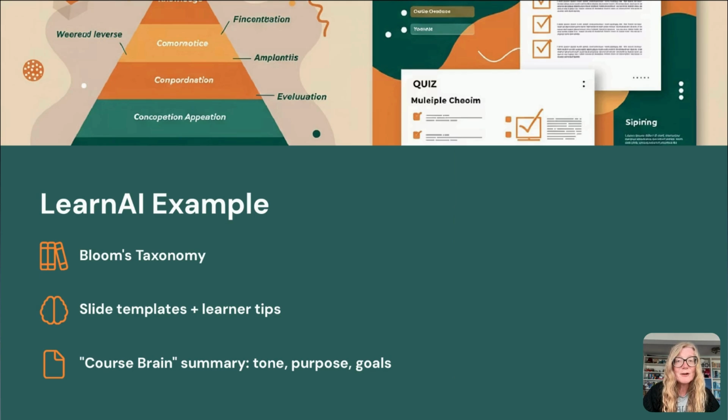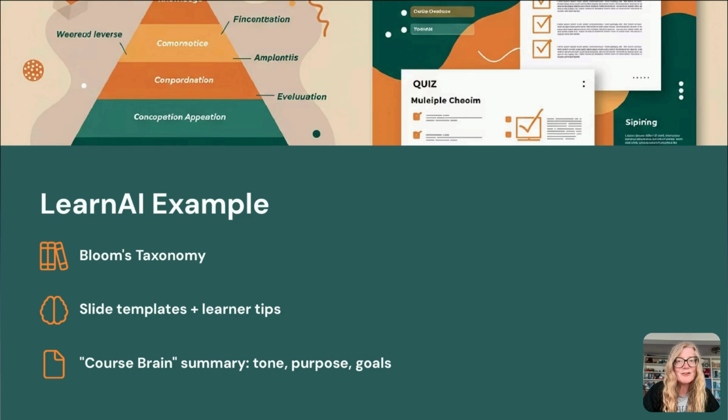So here's what I included in my Learn AI course companion system. In terms of external expertise, that was the Bloom's taxonomy overview and some chunking guidelines for breaking up content. Slide templates from past courses that I'm happy with.